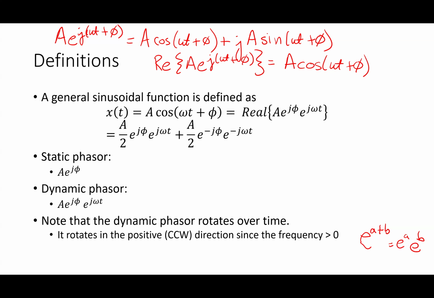So what that says is a e to the j omega t plus phi, I can write that as a times what? Let's say it this way. I'll write it j omega t plus j phi, like that, right? So that's e to the a plus b. So I can write that as e to the a times e to the b. So I say a e to the j omega t times e to the j phi, like that. That's what I've written here.